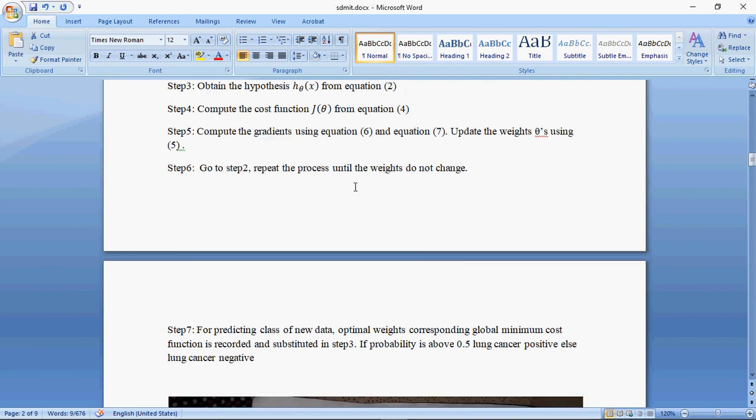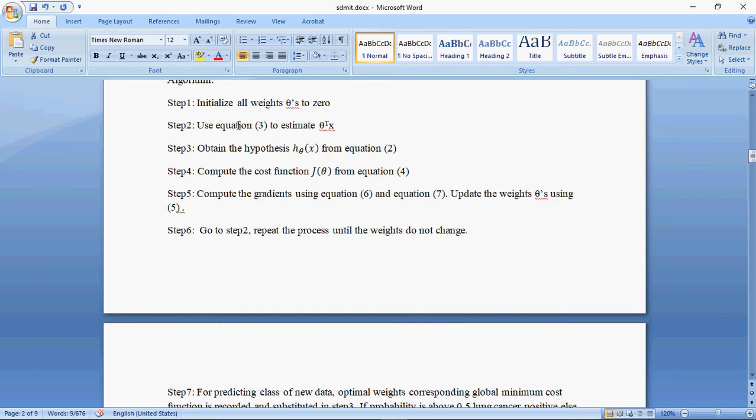And following the iterations, say that we give the iteration count as 1,000, after 1,000 iterations the weights which you get, that is theta naught to theta 15, use those, because those are your best possible weights for your system. So use those weights, and later no matter what random input is thrown to you, you can measure the output with respect to those weights, and that will give you the correct answer whether the person has lung cancer or not.